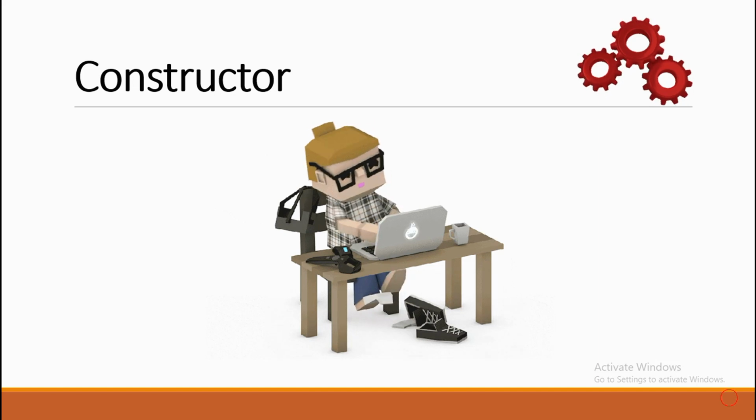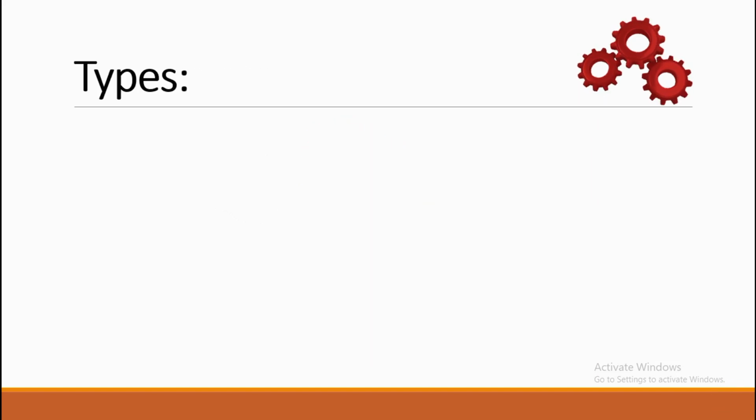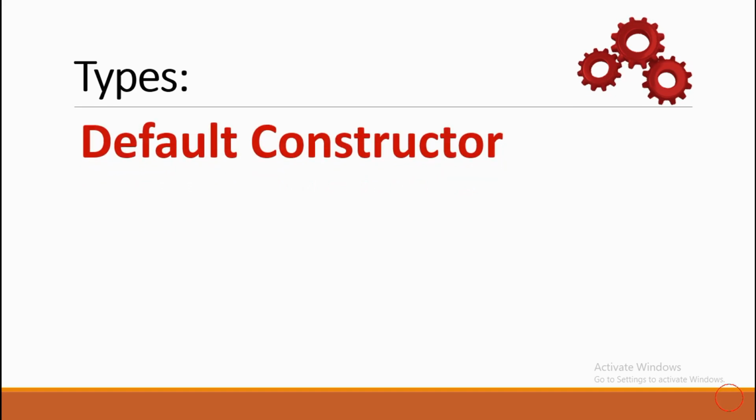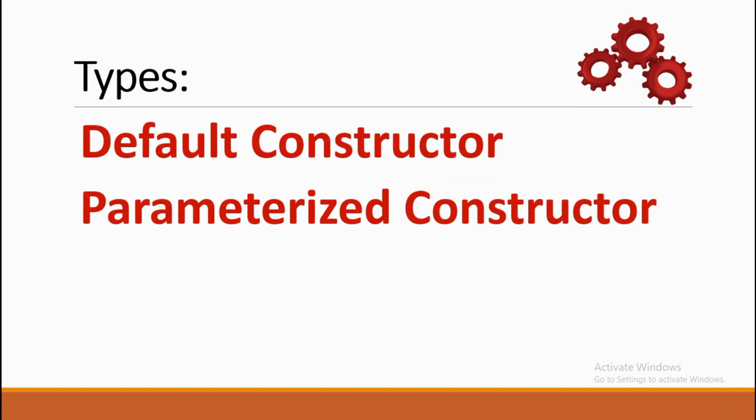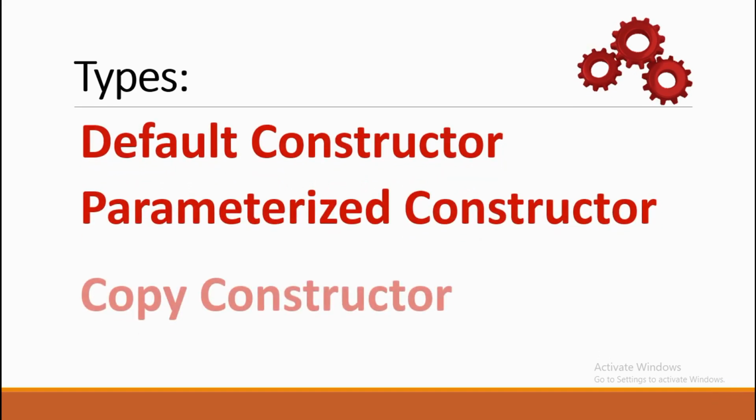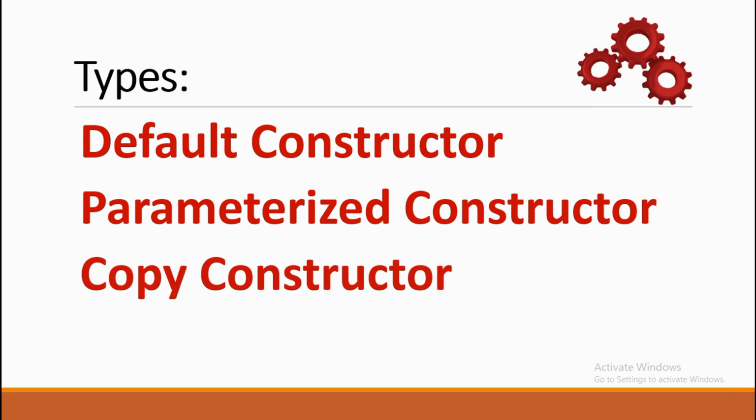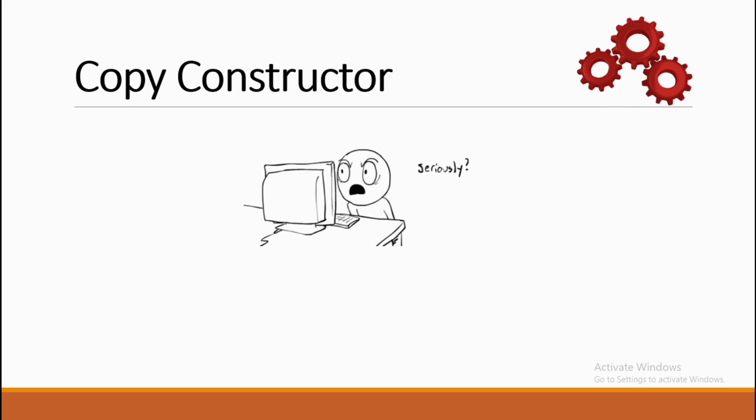Types of constructor. Constructors are of three types: default constructor, parameterized constructor, and copy constructor. The copy constructor is a constructor which creates an object by initializing it with an object of the same class which has been created previously.